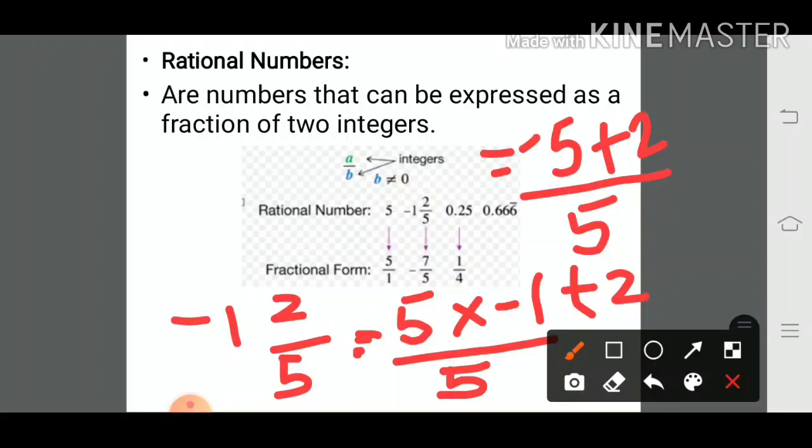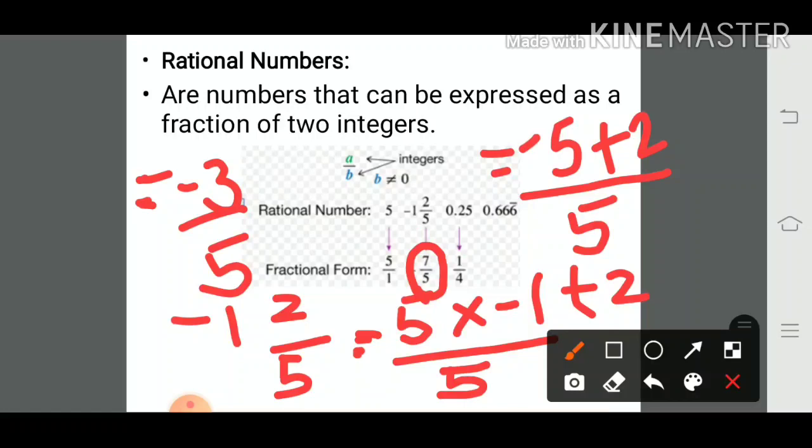So minus 5 plus 2 means greater number minus smaller number, that is 5 minus 2 it becomes 3, and give the sign of the greater number. The greater number is 5, and it has a minus sign, therefore it is minus 3 divided by the denominator 5. Correct. So what should be the answer? Minus 3 upon 5. Here the answer became wrong before. Correct. So it should be minus 3 upon 5. Fine.